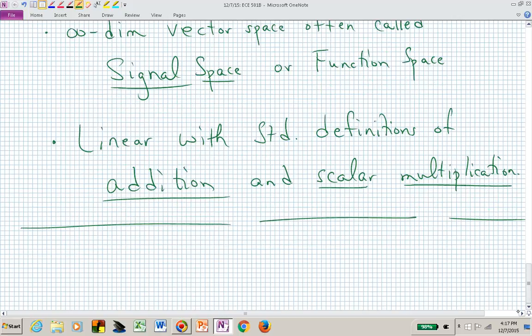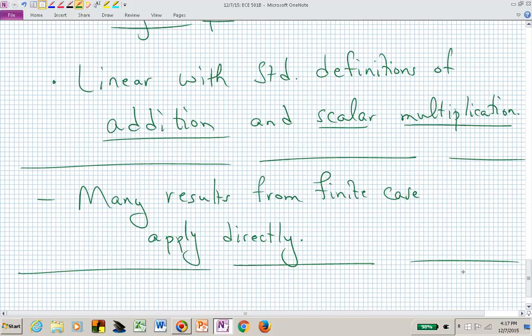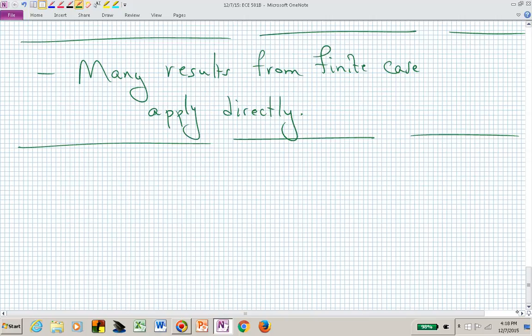Now we have these infinite dimensional objects, which are functions, that can be added and scaled by scalar multiplication, which allows many results from the finite case to apply directly in this infinite dimensional setting now. And let's then see what this connection might be by an example.